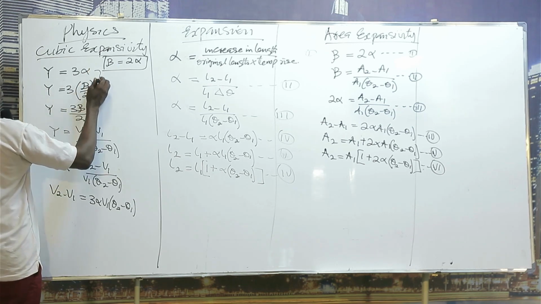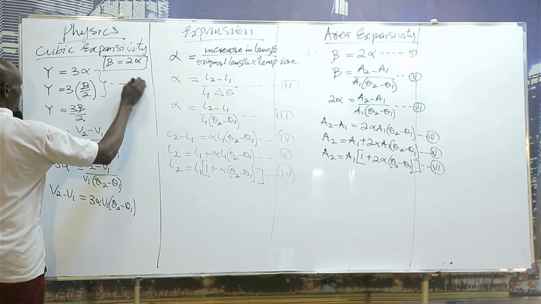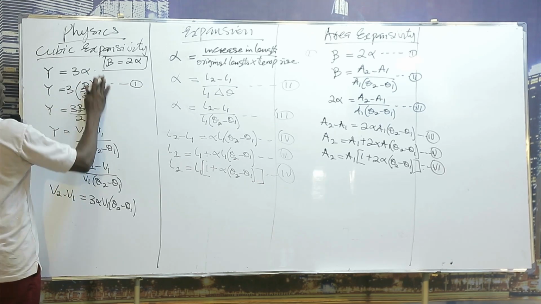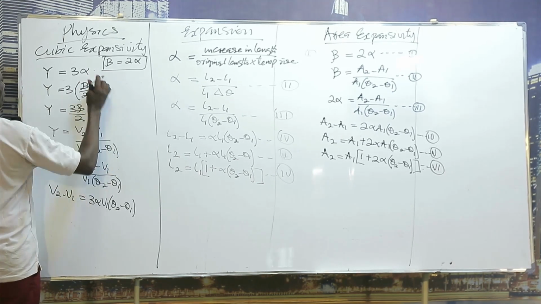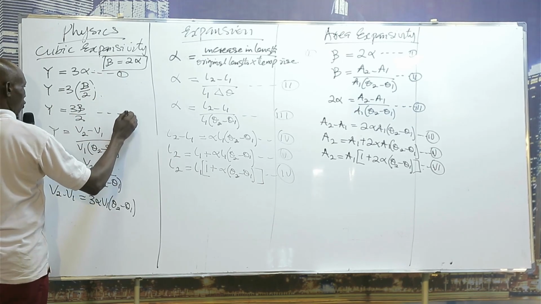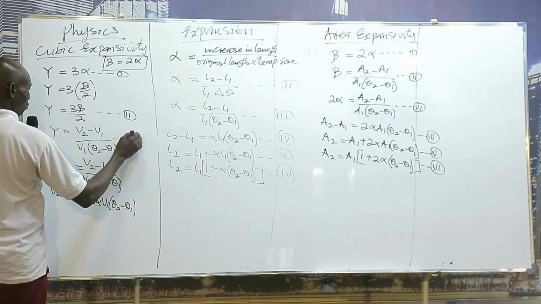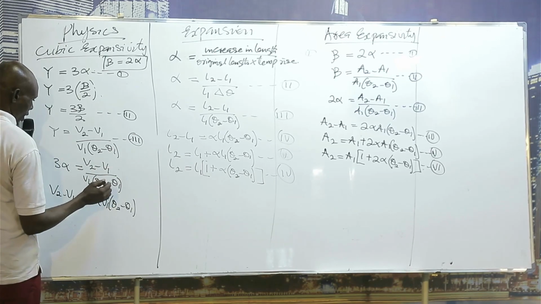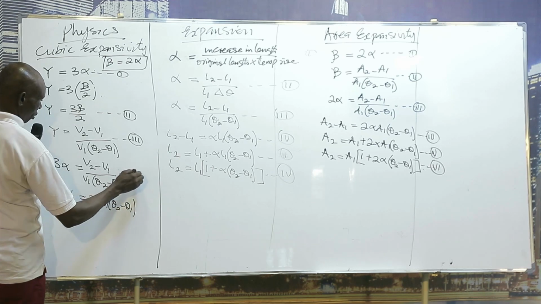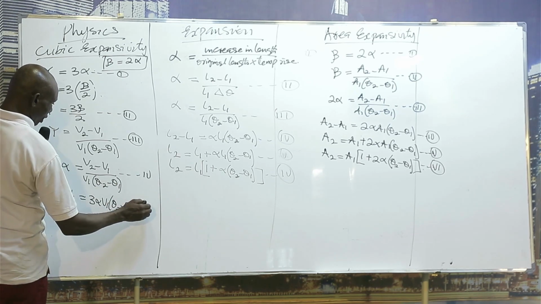We just simply make this equation 1, this equation 2, this equation 3, this particular one 4, and then 5.